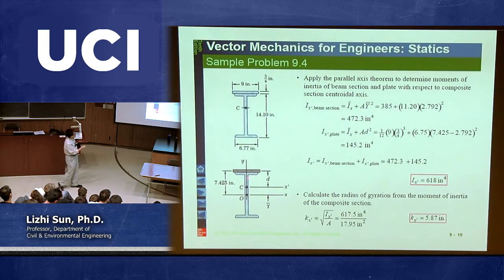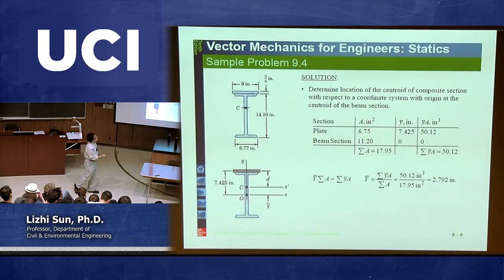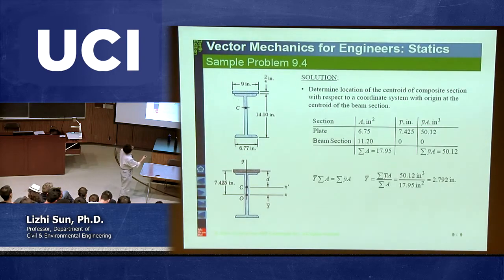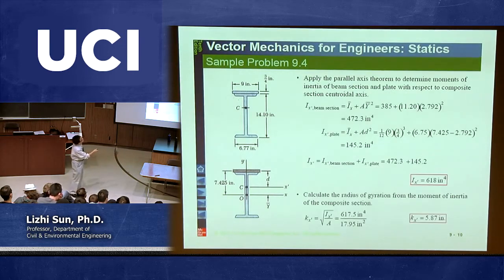What is A? A is the area of this second part, which is W14/38. What is the area of this one? 6.75, wait, I'm sorry, not this one. This one, the second part, 11.2. So we put 11.2, that's A, times D squared.